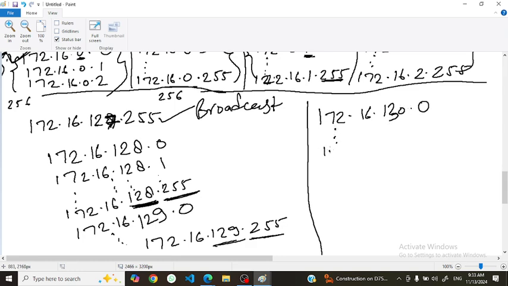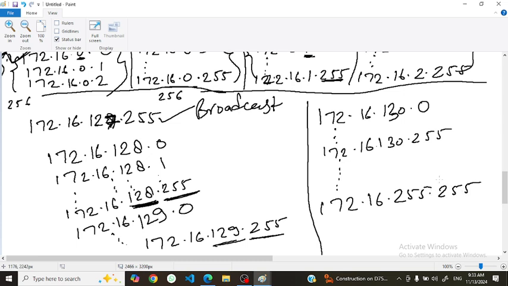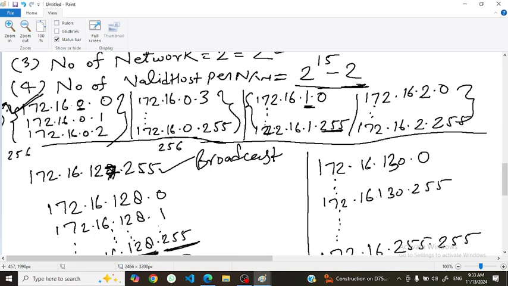It will reach up to 172.16.130.255, and the last one will be 172.16.255.255.